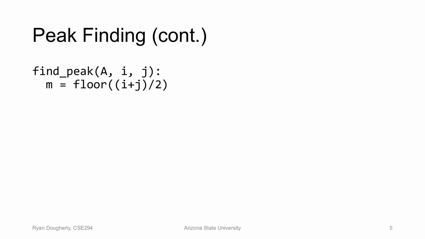So I want to find the middle element, so it's just the floor of the starting plus the ending index divided by 2. It's just the average, and then take the floor. So we have one case, which basically handles if it's at the beginning of the list.